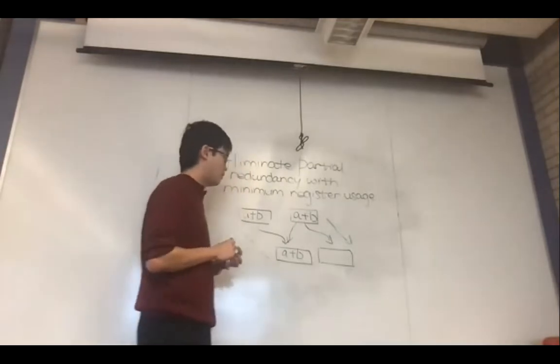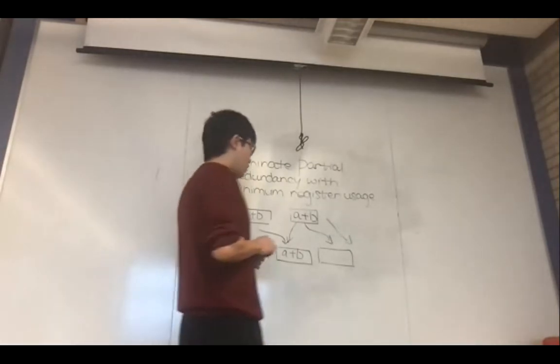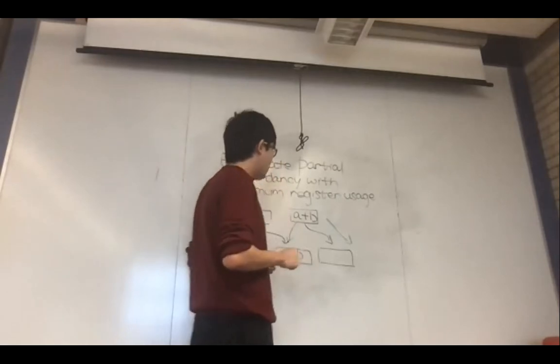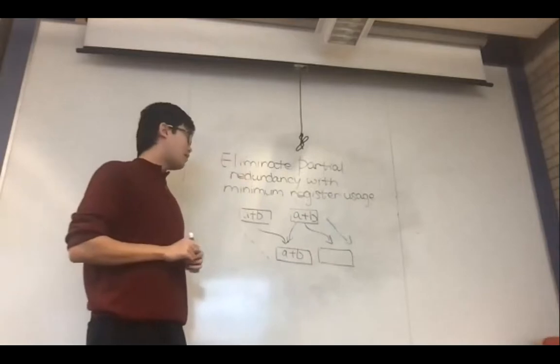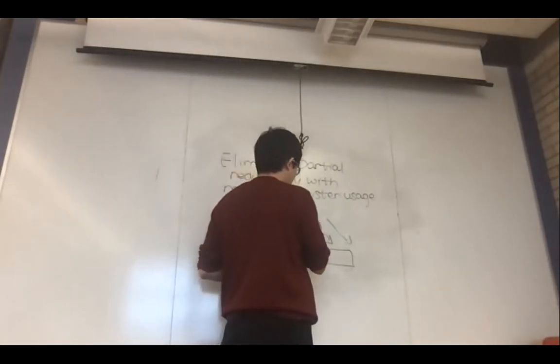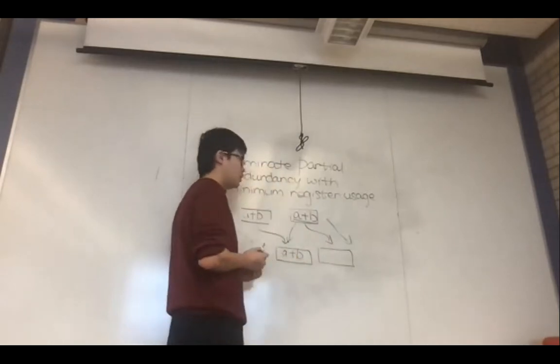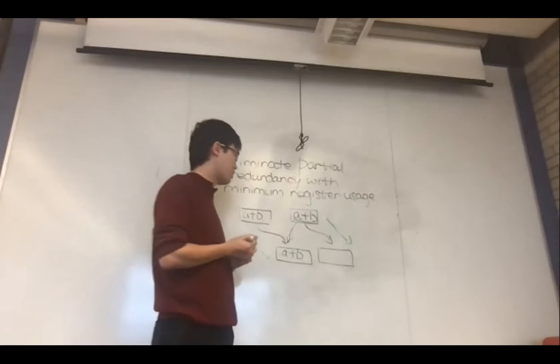So what will happen? We observe that assuming that the program takes this path at runtime, it will have to evaluate the expression a plus b, which is a redundant compute on this program path, right?